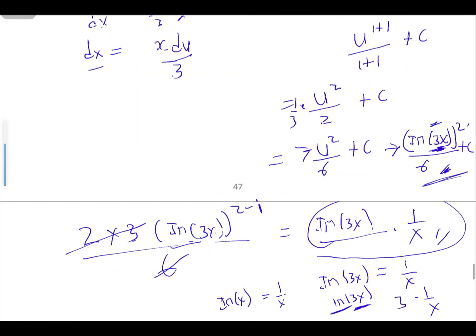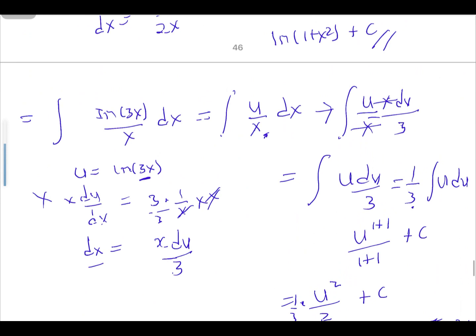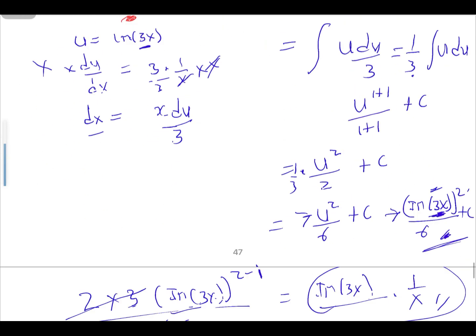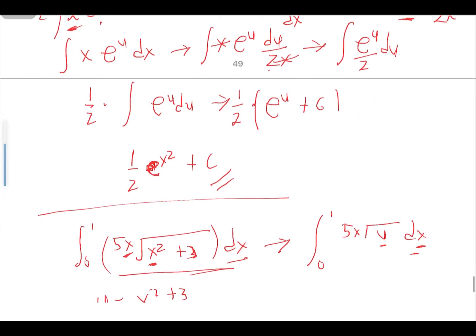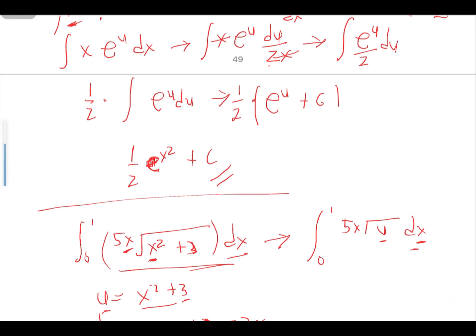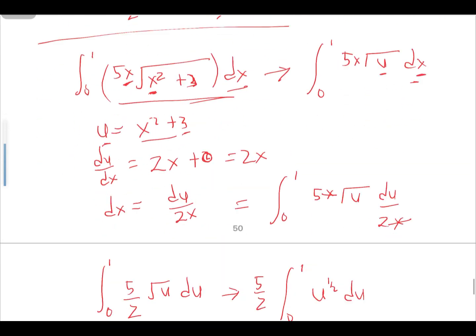And when you see a natural logarithmic one, of which we did some here, then check to see if we differentiate the natural logarithmic one and then make x the subject, you get something to just cancel this, then you are good to go. So you need to find a way to solve the question without making it complex, or in a way that you can make the question as simple as possible to solve.